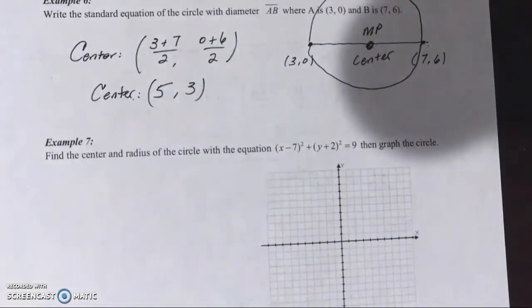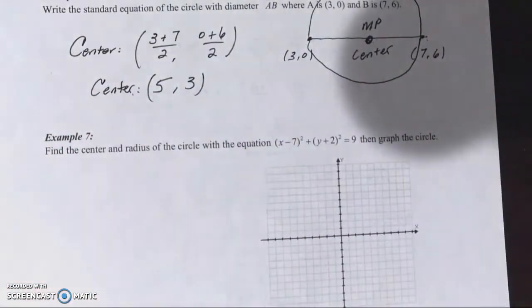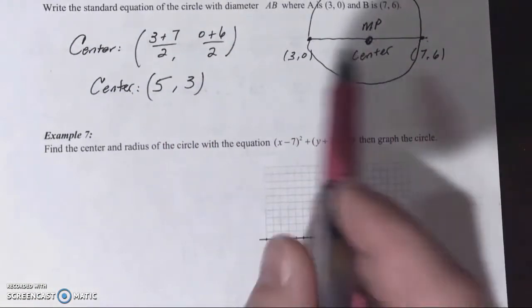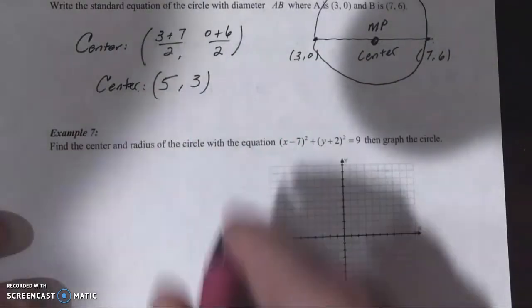Doesn't really matter. If you want to find the radius first, obviously you'd find the diameter and then cut it in half. Okay, but let's use our new point that we found, the center, and let's just pick this 3 comma 0 point. It's easy sometimes to work with a 0.